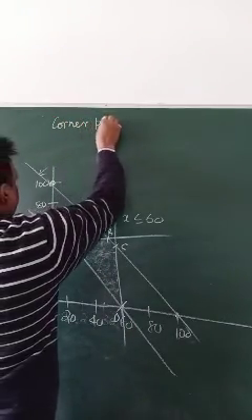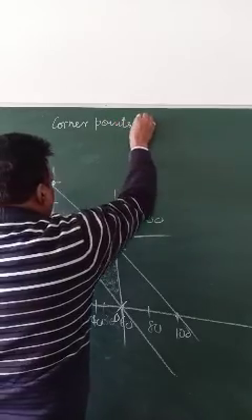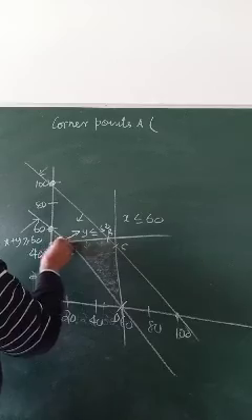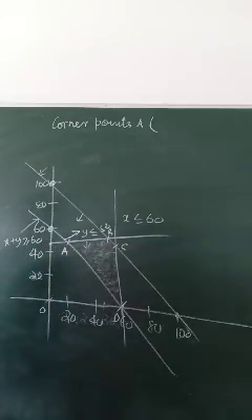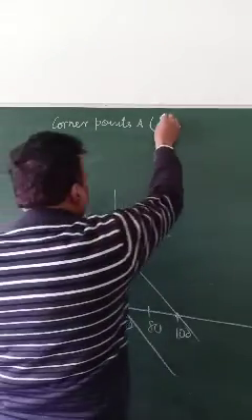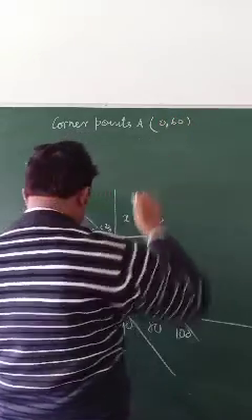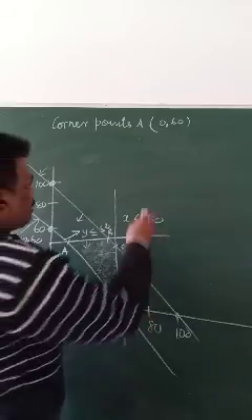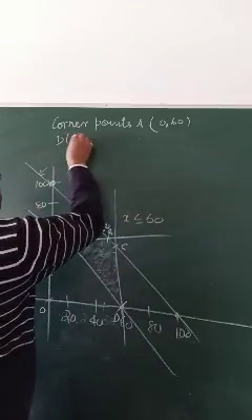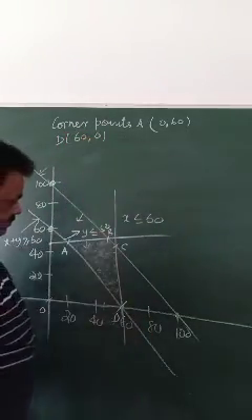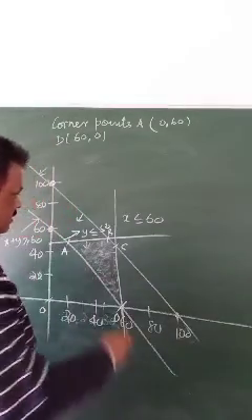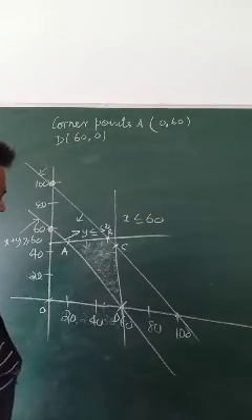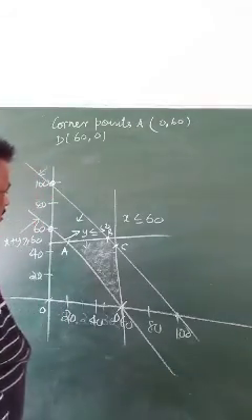A is how much? 0, 60. If I come to this point D, 60, 0. The problem is how to find B and C. B and C you can find out from your graph paper. Here I will solve for you.